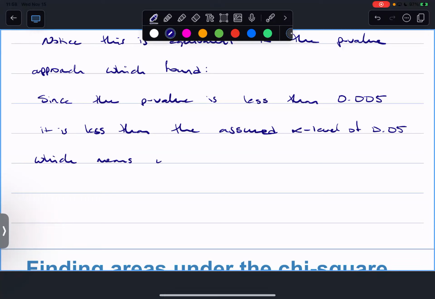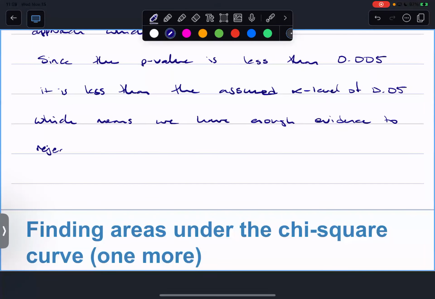Which means we have enough evidence to reject H naught.